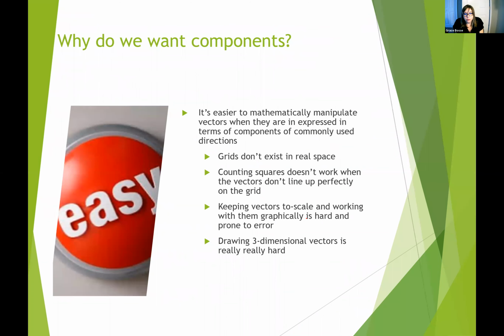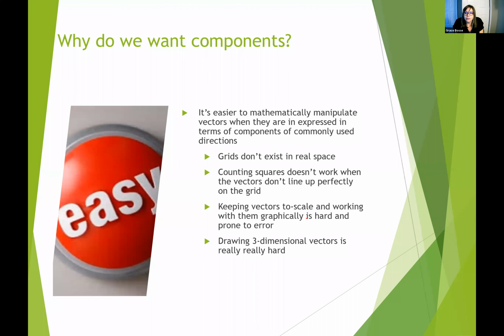You might be asking, why in the world do we want to do this? The reason that we're going to do it over and over again, mostly for the rest of the semester, is that it's really hard to draw vectors graphically and do it accurately. The method we had been using, with grids and lining up our vectors and counting squares, just doesn't work if your vectors don't line up perfectly on the grid. And grids just don't really exist in the real world.